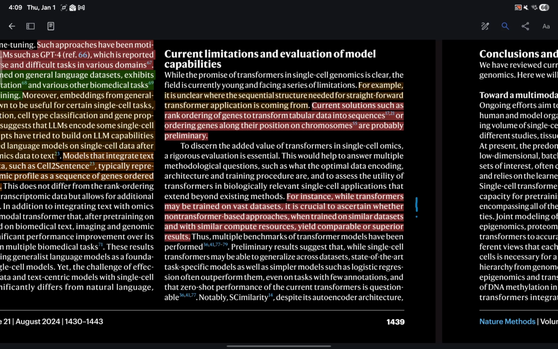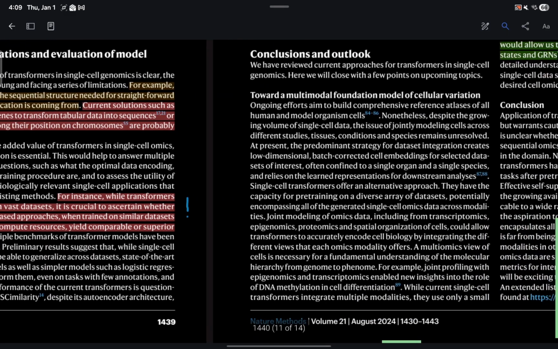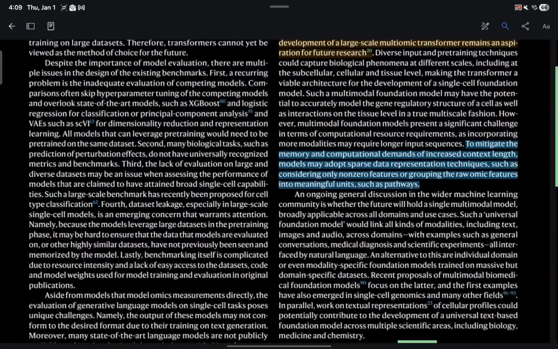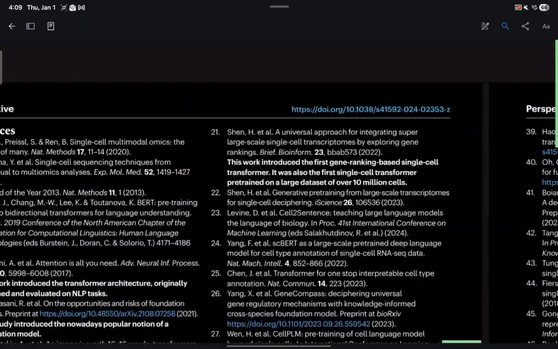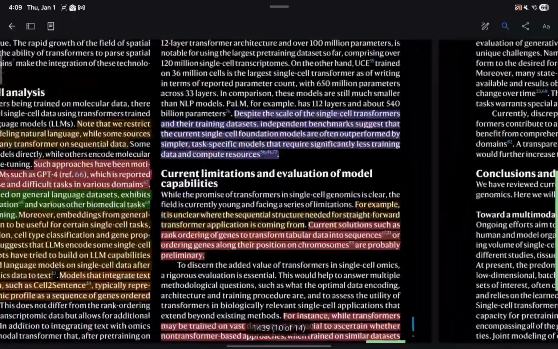I personally am a bit not positive about it, especially in simpler tasks, and I think it's better to go with simpler models. But of course, nowadays it's hype and everyone wants to train their data with transformers. But we need to wait and see how the bioinformatics world will evolve. And with this, I will finish my review of this paper.